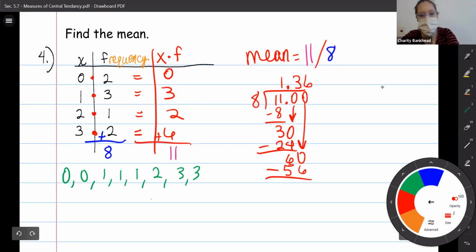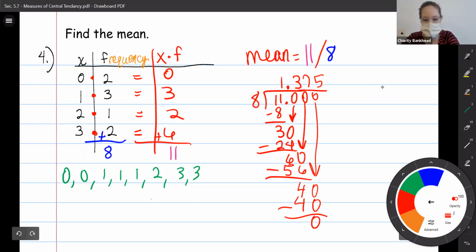Oh wait, I think I meant 7 times. That's right, okay, not 6. Yeah, 7 times 8 is 56, and then 60 minus 56 is 4, and then you bring down another 0, and 8 goes into 40 5 times, and that's it, because 5 times 8 is 40, and 40 minus 40 is 0.